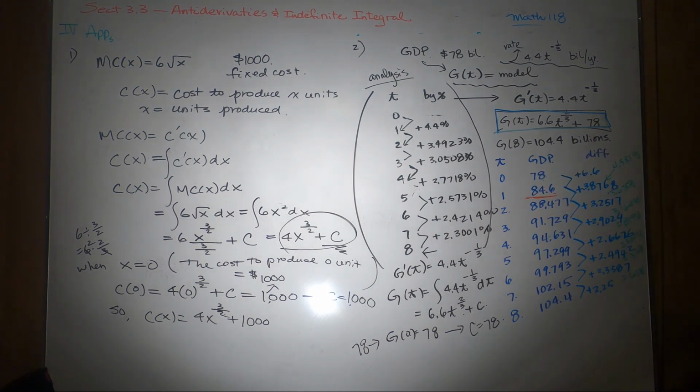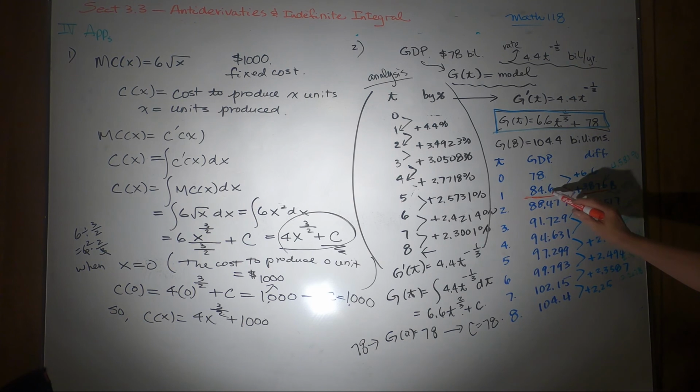Then they start to develop their model after the first year, right? First year is not enough. Second year, they realize they increased to the next year. They have 3.8 billion more GDP. Then they divide it by 84.6.